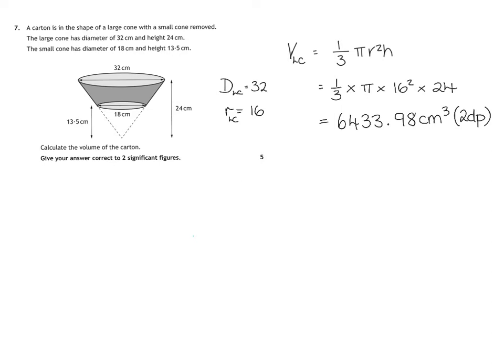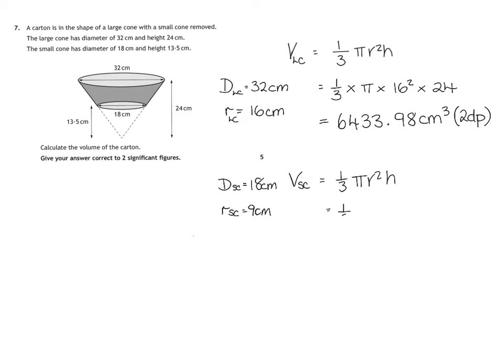Right, so we need to work out the volume of the small cone. So the diameter of the small cone is 18 centimeters. There should be centimeters on all of these as well, because units are important. So the radius of the small cone is going to be 9, because we half it to find the radius. Formula stays the same, so it's 1/3 pi r squared h.